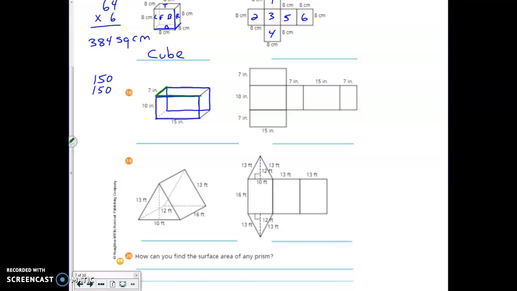So this is 7 times 15. So again, if you're not sure of 7 times 15, I'm just going to do the math here again. I did it yesterday for you, but it is 105. So that means we have a top at 105 and a bottom at 105 because the opposite sides of this rectangular prism are equal. So we have those there.